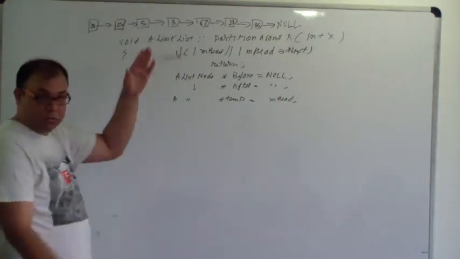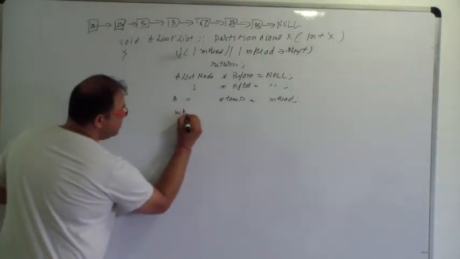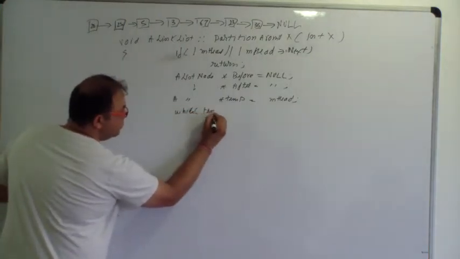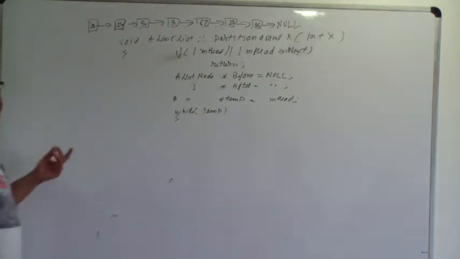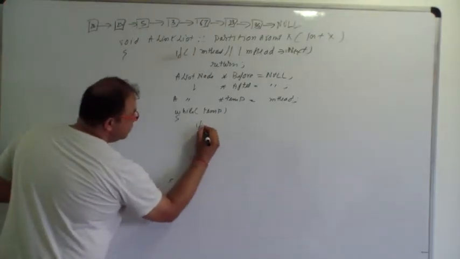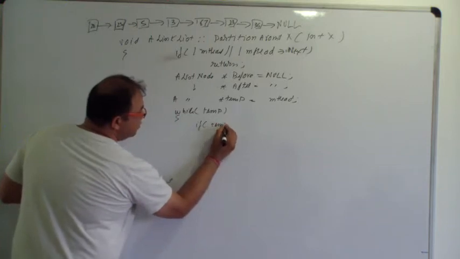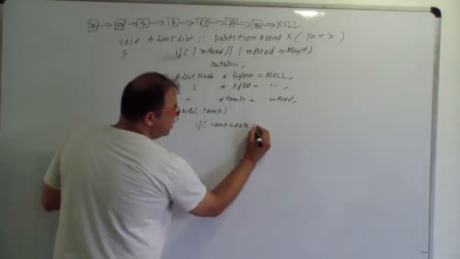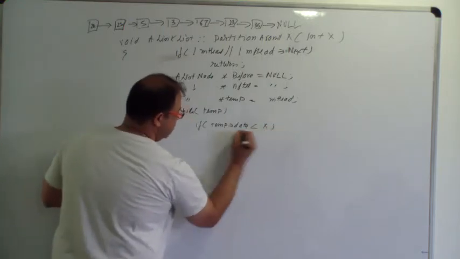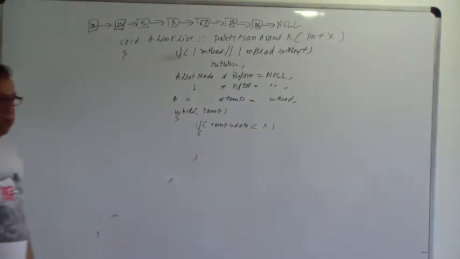Now you go through the entire loop. So we'll say while temp exists, what do we do? If temp arrow data is less than x, what will we do?